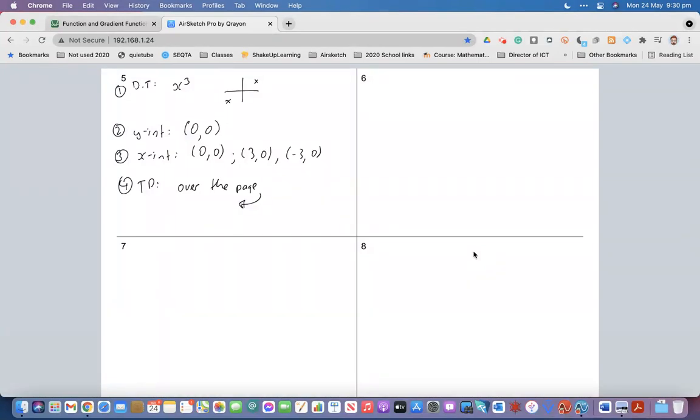Okay, so now we're able to draw the graph, and we can put in our critical points. So we're going to have a critical point here at 0, 0. We're going to have a critical point at negative 3, 0, sorry, and a point here which is 3, 0. There's our 3 critical points. We know we're starting here and finishing here in those quadrants.